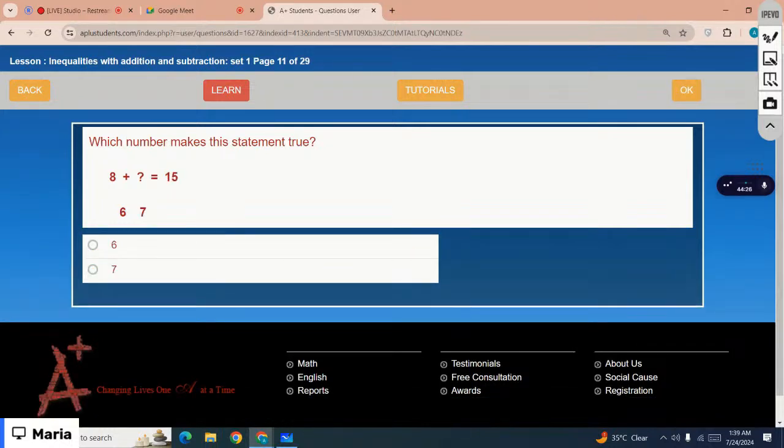Okay, which number makes the statement true? 8 plus what number equals 15?